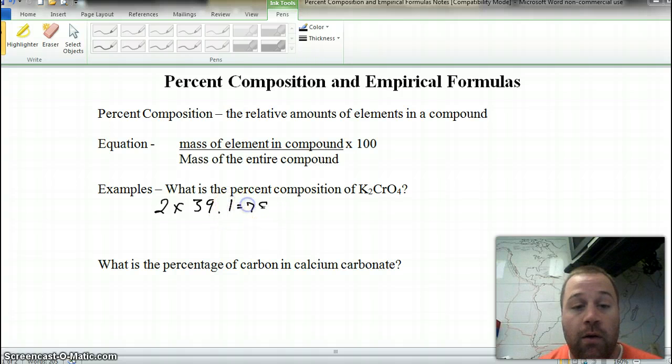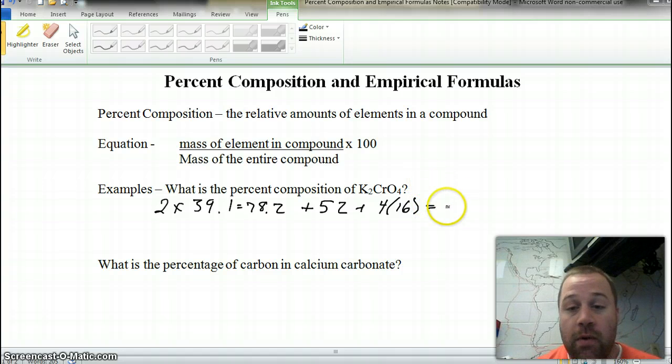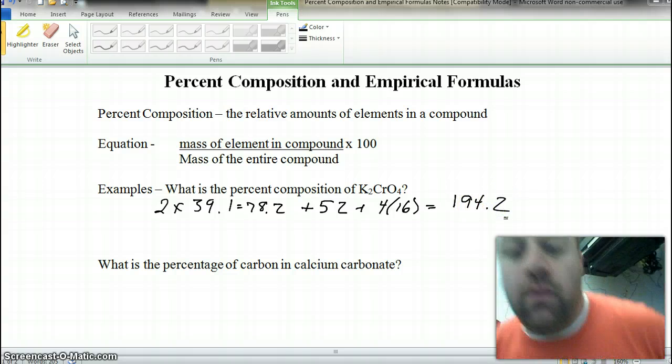So 78.2, plus the mass of chromium, which we'll just round and call 52, plus 4 times 16, which is oxygen, and add it all up and get 194.2. So that is the mass of K2CrO4.